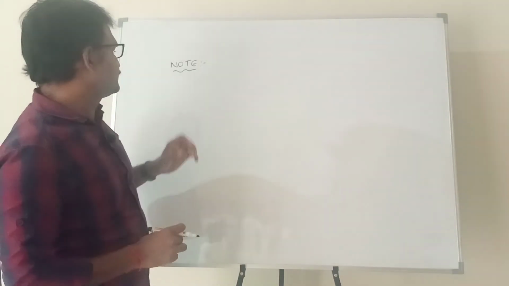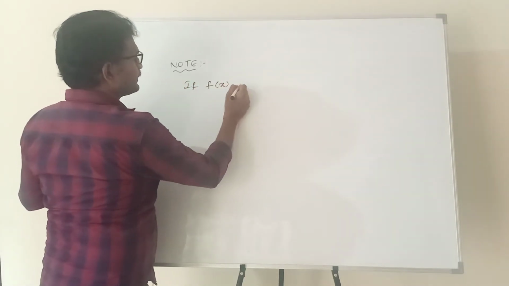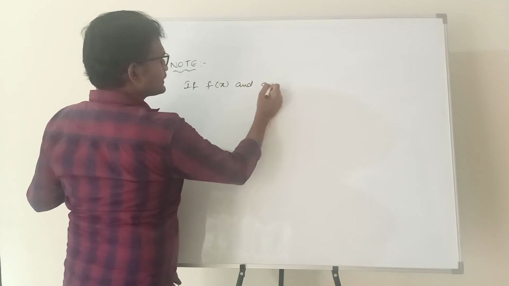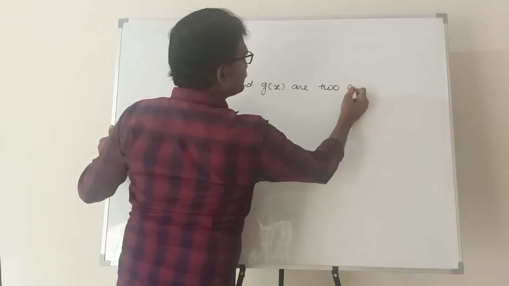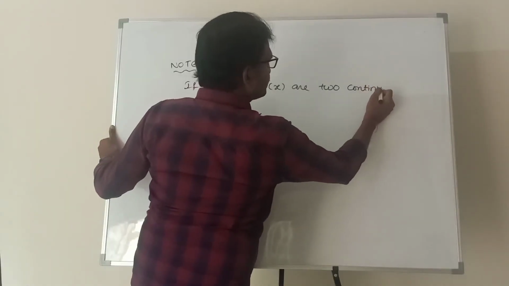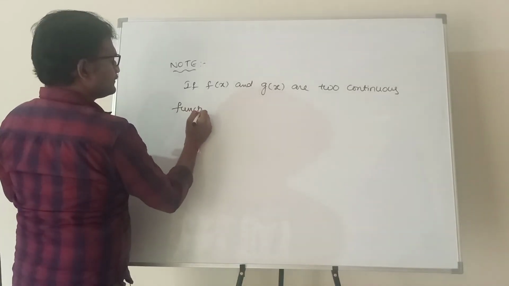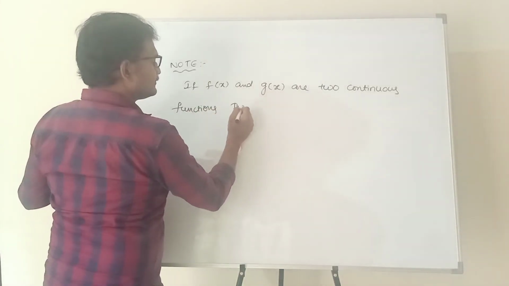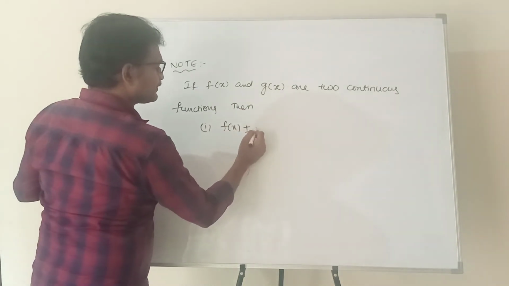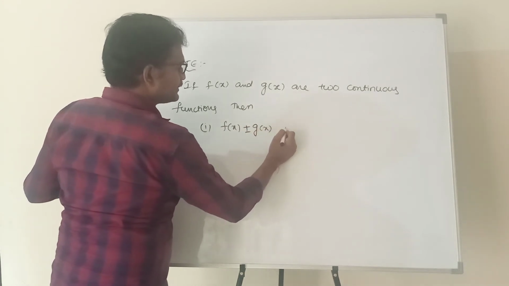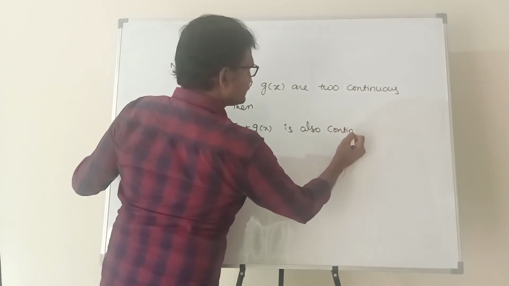Next, note, if f of x and g of x are two continuous functions, then first one, f of x plus or minus g of x is also continuous function.